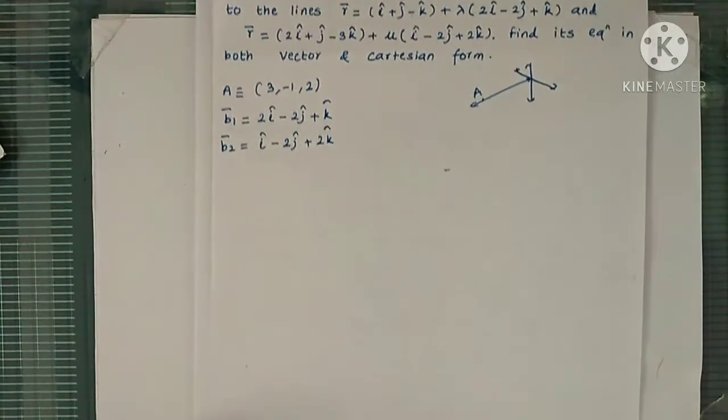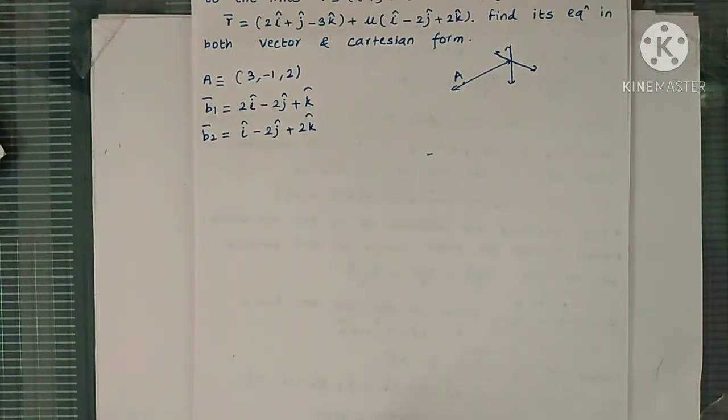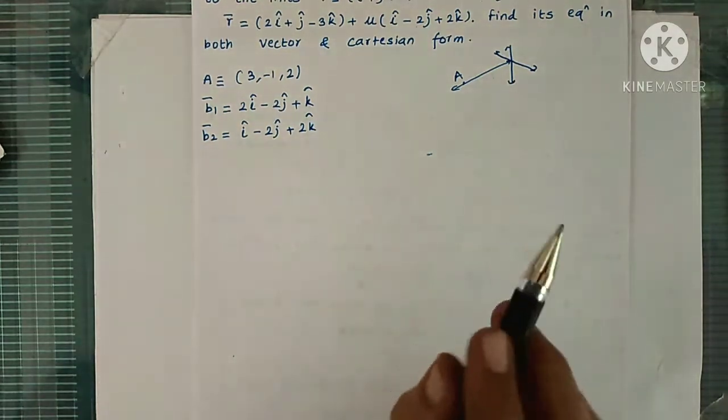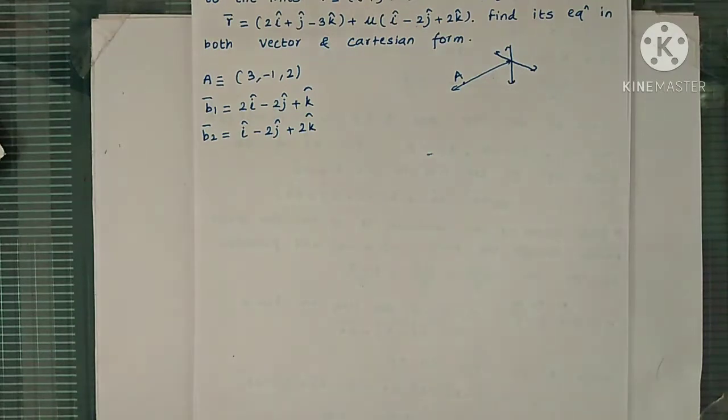And now we have to recall our cross product. So if a line or a vector is perpendicular to two vectors, then the vector which is perpendicular to both the vectors is the cross product of those two vectors.